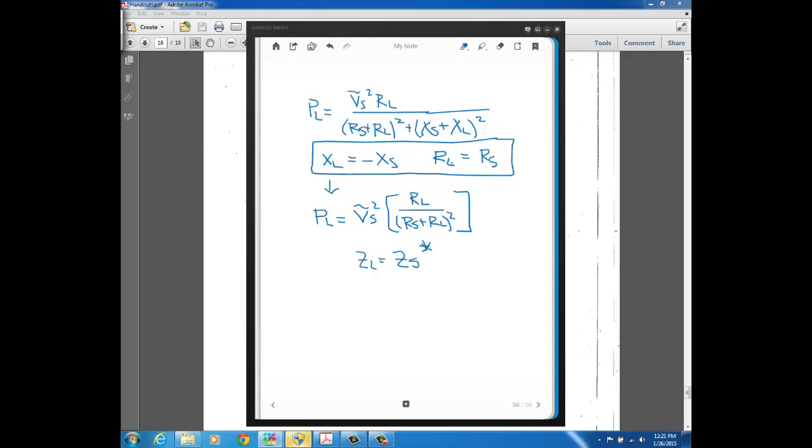Because if you have equal real parts and equal but opposite sign imaginary parts, which is what the reactance is, then you have a complex conjugate. So this is the important result in AC circuits: max power, which is the P average at the load, will occur when your load impedance is the complex conjugate of your source impedance.